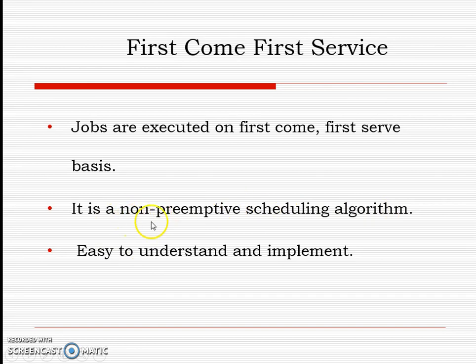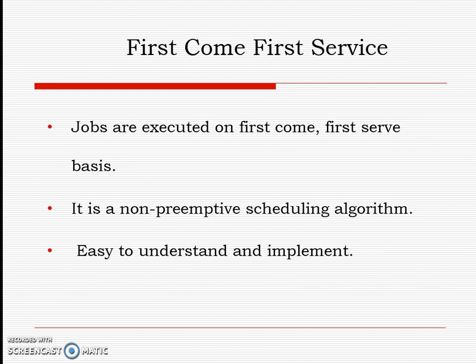Non-preemptive means once the process is assigned to the CPU, the CPU does not leave that process until it executes. The second case is if the process requires any input value, in that case the CPU can release the process and then take it over again for execution.